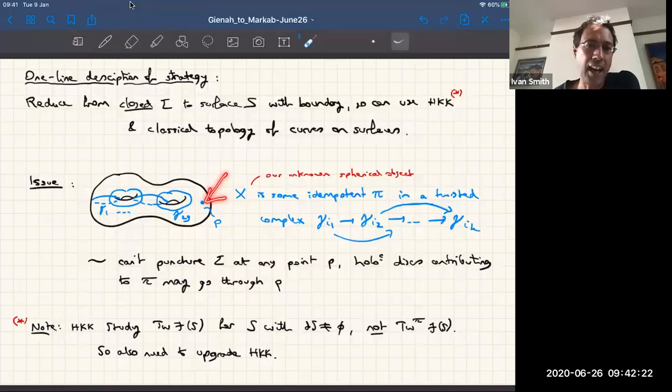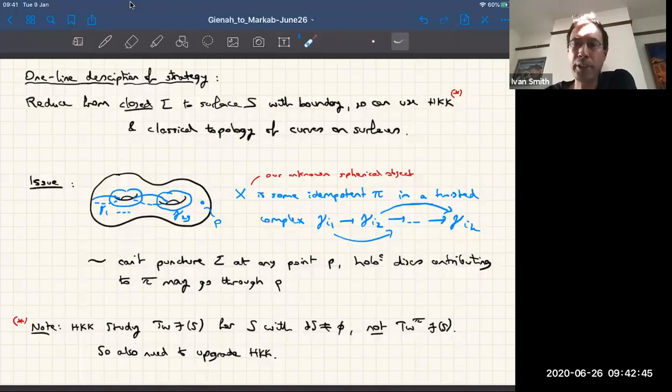So we didn't find any reasonable way of saying one could just puncture the surface and preserve the property that this idempotent existed, that the corresponding Floer cochain was still a cocycle and still satisfied the idempotent property. So we're going to do something different.